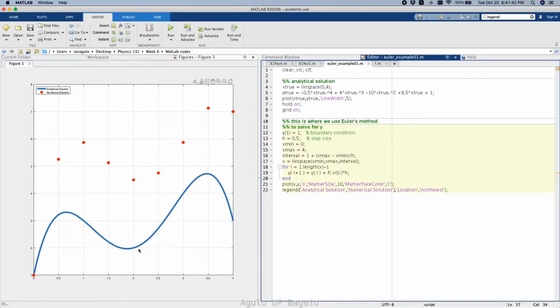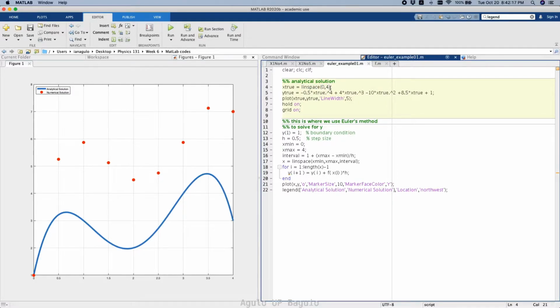In order to generate this blue curve, I used these two equations. This is the analytical solution, and these are the x values, so that I can have definite values at smaller intervals for x, so that I can draw a smoother function for y. linspace is a function that generates data sets between the minimum value and the maximum value.